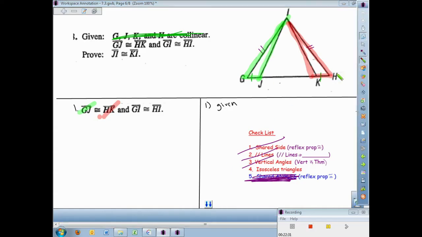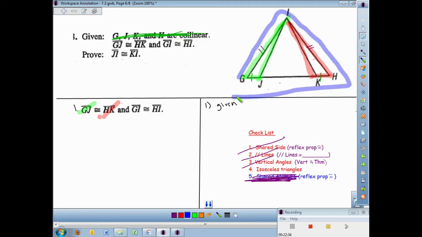So what do you think? Are there any isosceles triangles in the picture? What do you think about the big blue triangle right here? Is it isosceles? And that answer is a big fat yes. It's triangle GIH, and doesn't it have at least two equal sides? So that's what we can do for step 2 right here.